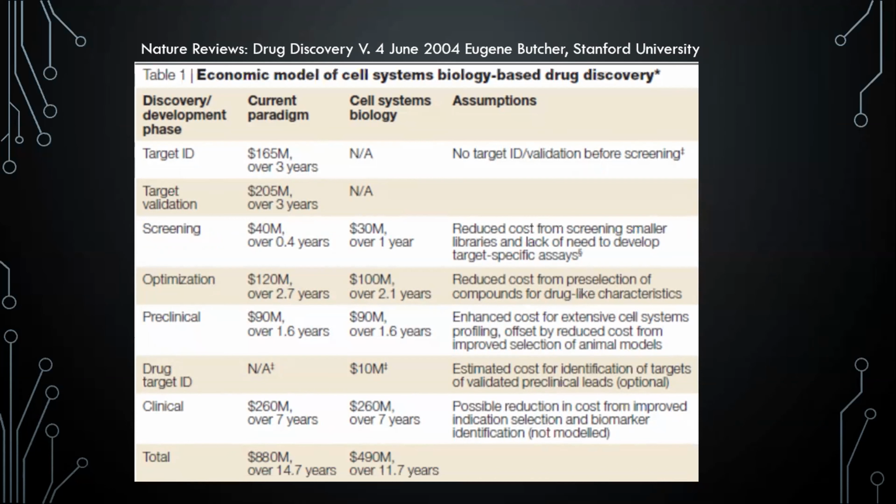So just in general, to wrap this back up, when you have this cell systems biology approach, you reduce straight off the top some of the initial target ID and validation steps, because you're doing them simultaneously in the screening and optimization points. Your preclinical is probably going to be effectively the same.